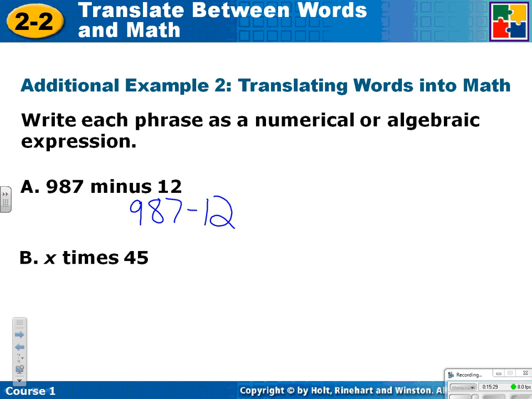Very good. Someone want to come up and do the next one? 45x. Notice she put x. 45x. She didn't do this. That's confusing.